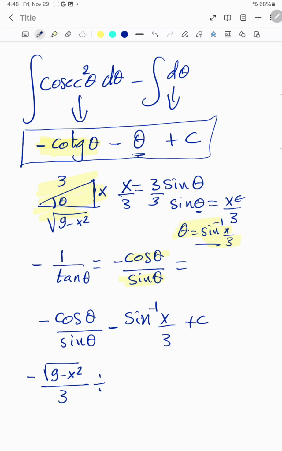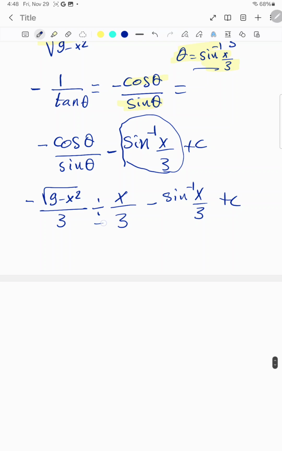I will write it that way. It's easier for you to see. And sine of theta is equal to the opposite divided by the hypotenuse, which is x divided by 3. And I have minus that is here, sine minus 1 of x divided by 3 plus c.